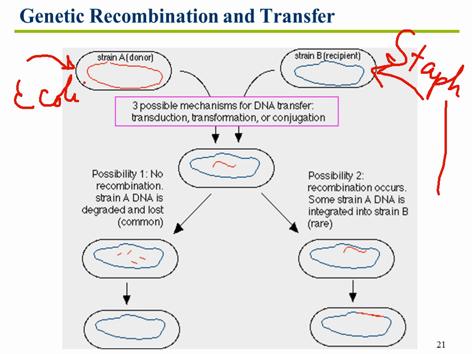What we're going to do is destroy the E. coli cell, cut its DNA into pieces, and add a section to this cell, and that's what you see right here. So a piece of E. coli genome has been added to the staph.